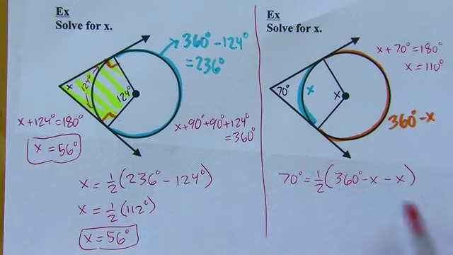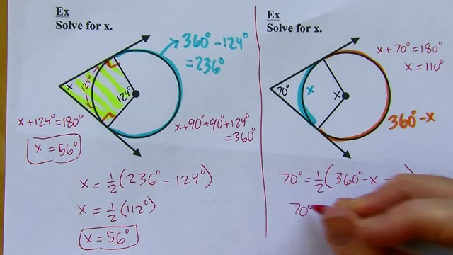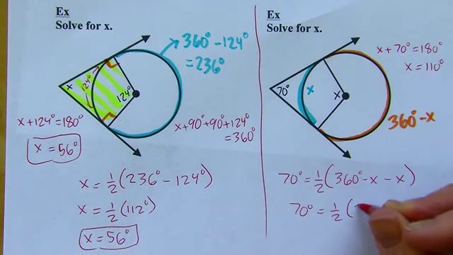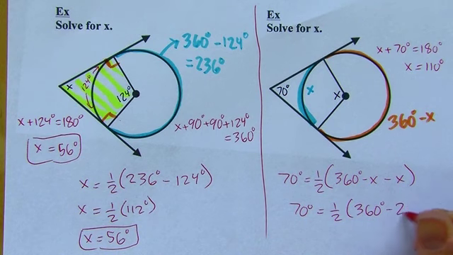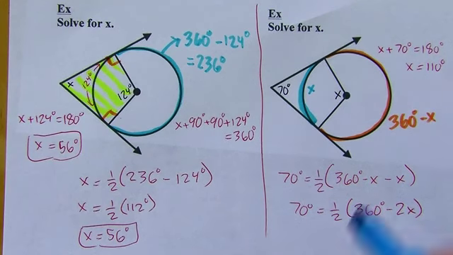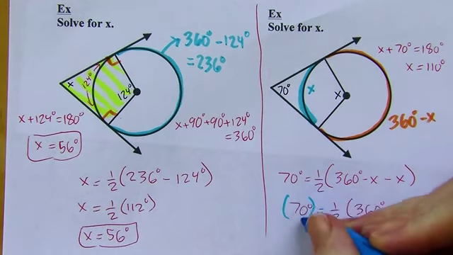Okay, so if I simplify this, I've got negative x minus x, that's going to be negative 2x. So 70 degrees is going to equal 1/2 of 360 degrees minus 2x. You could distribute, which would actually work out pretty nicely. You won't have any fractions here, but I'm going to just double the whole equation.